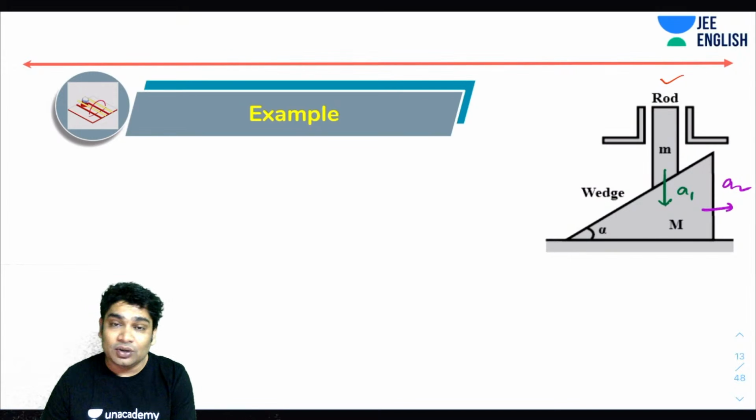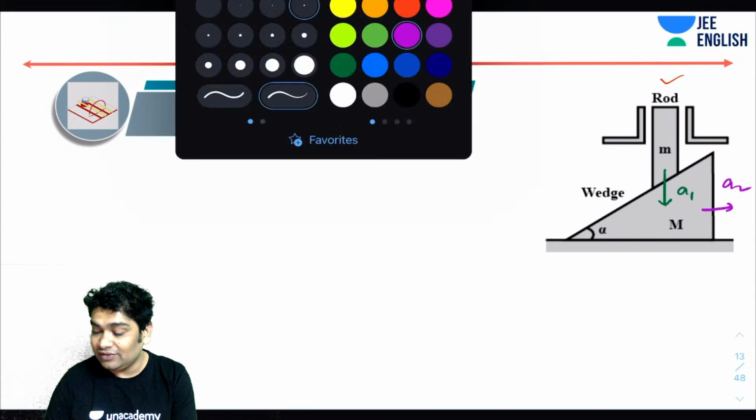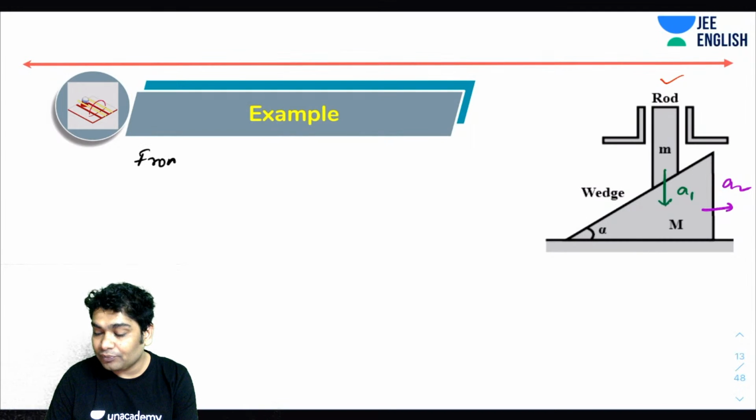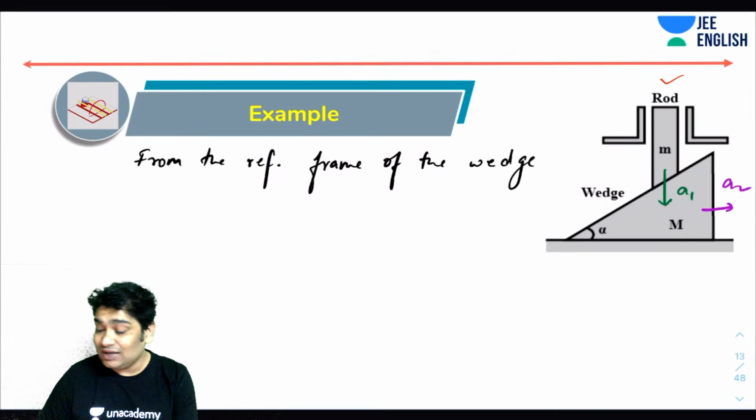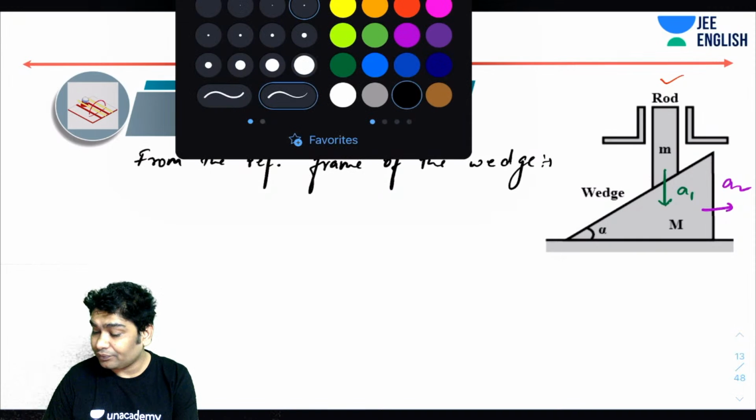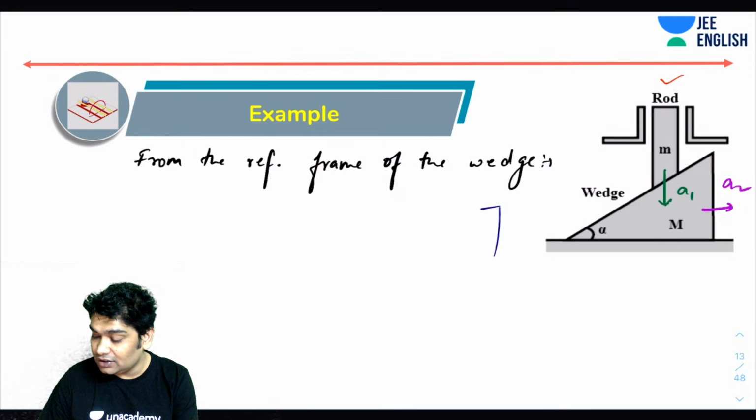So what you need to do is take a look at the rod from the reference frame of the wedge. Let's see what we see there. From the reference frame of the wedge, you will realize that this rod has two accelerations. The acceleration of the rod as it will appear to you would be something like this. Let's draw the rod first. Here is the rod.